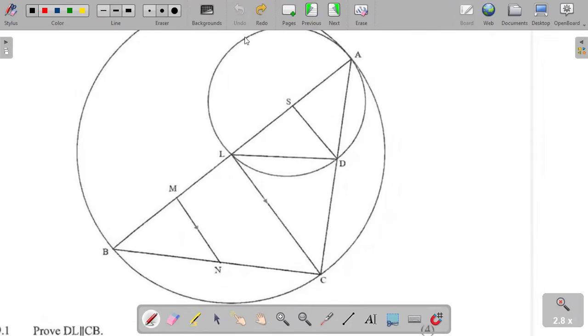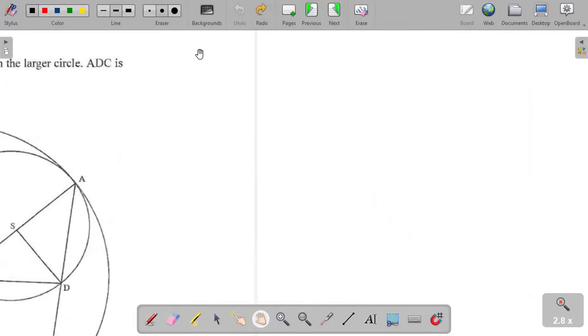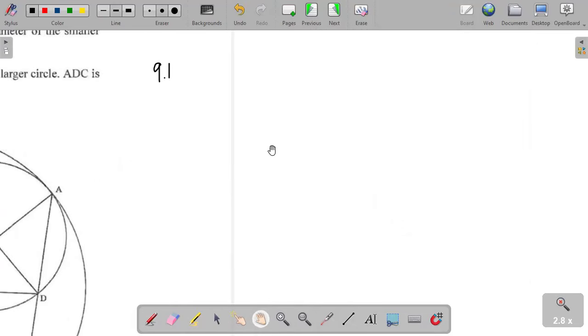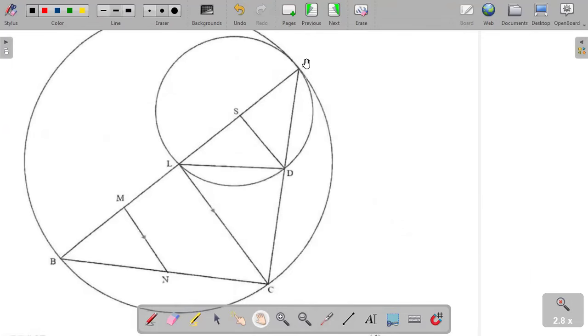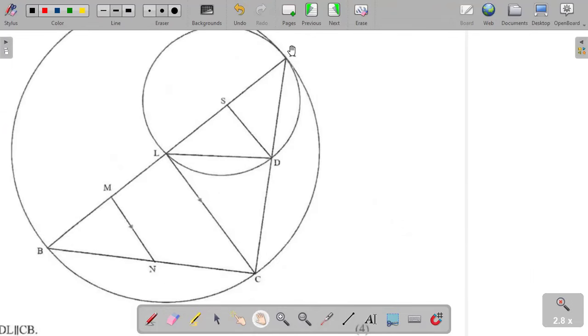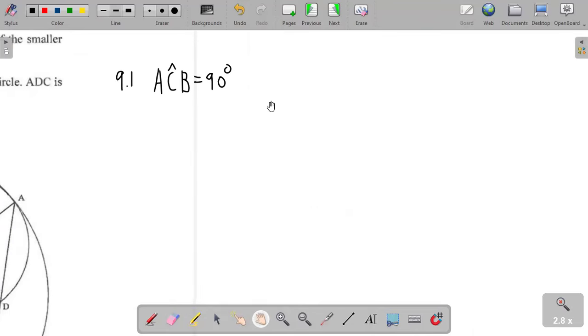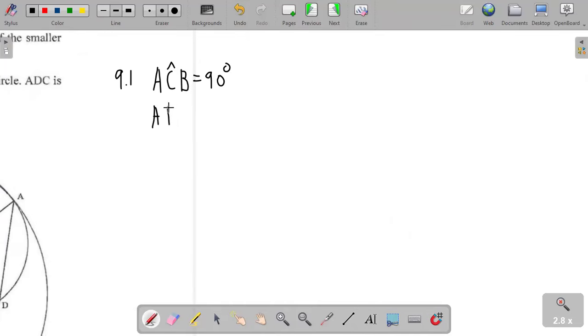So 9.1, we start here. ACB equals 90 degrees. Then ADL is also equal to 90 degrees.